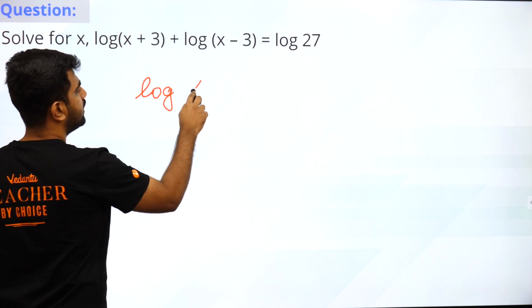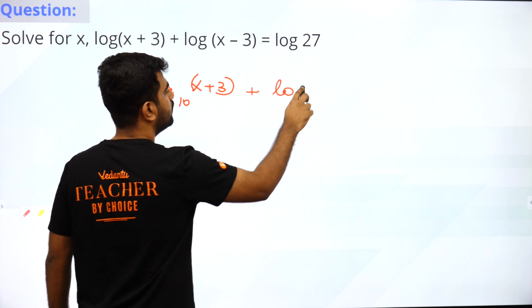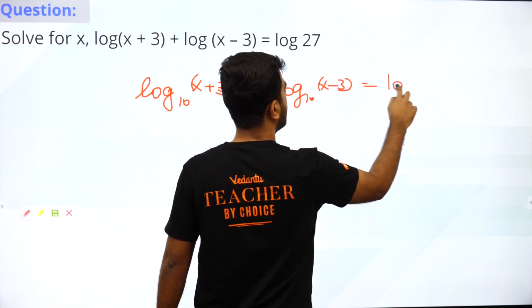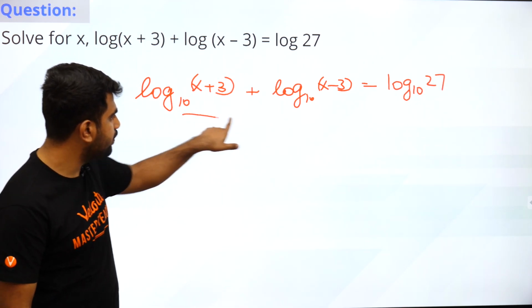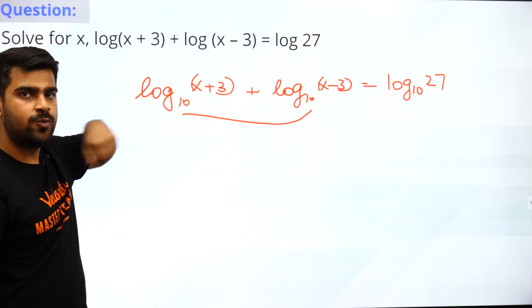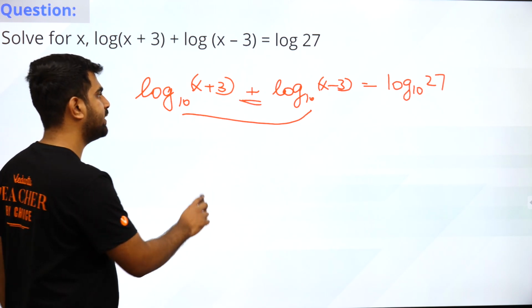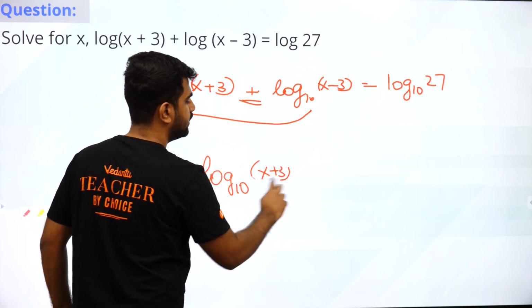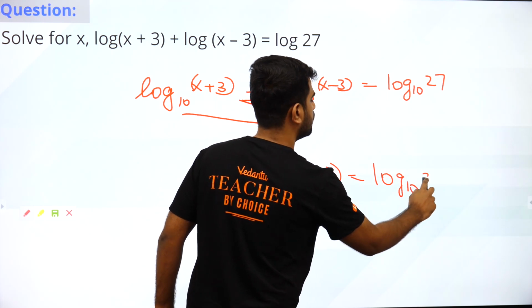Log of x plus 3 base 10 plus log of x minus 3 base 10 is equal to log base 10 of 27. So guys, they have the same base. What can I do? If I have addition, according to property 1, I can multiply, right? So it will become log base 10 of (x plus 3) times (x minus 3) is equal to log base 10 of 27.